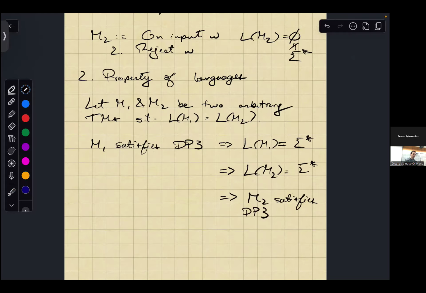Now, this is only one direction, but the argument is exactly the same in the other direction. So that means that I have an if and only if, which means that I've satisfied the condition for a property which seems to be of Turing machines to actually be of languages.